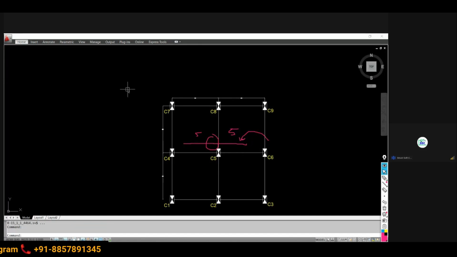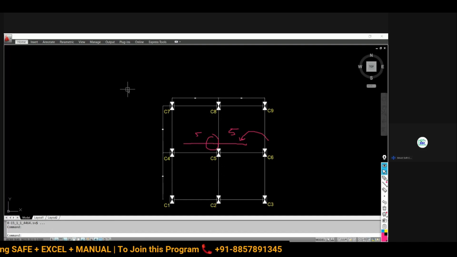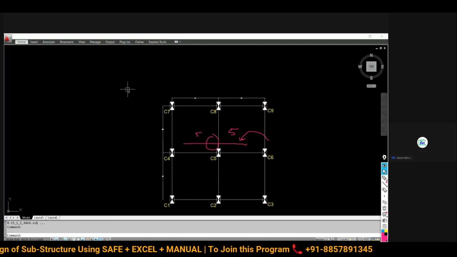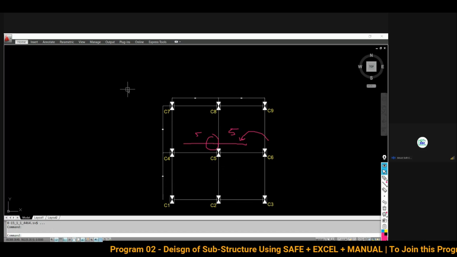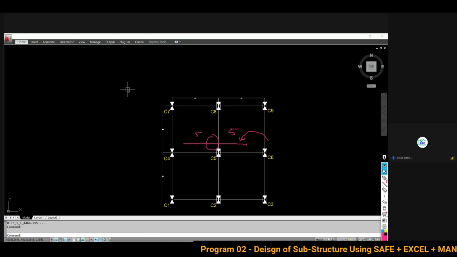Definitely there will be a loss of precision, and you are missing the points that we are expecting. So it is not possible in reality to get all the columns, or any column, completely concentrically loaded, purely axially loaded.